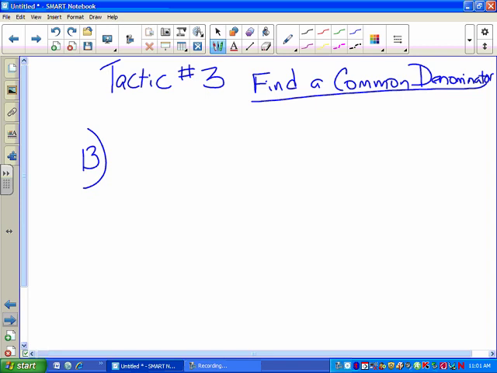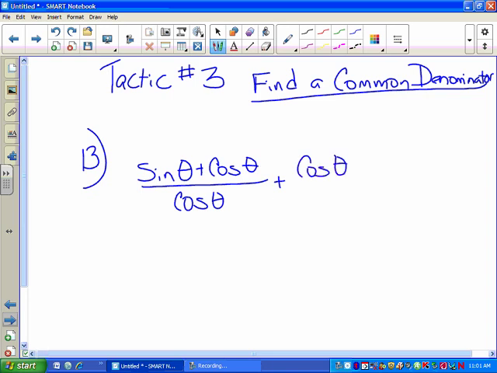Sine theta plus cosine theta over cosine theta plus cosine theta minus sine theta over sine theta.